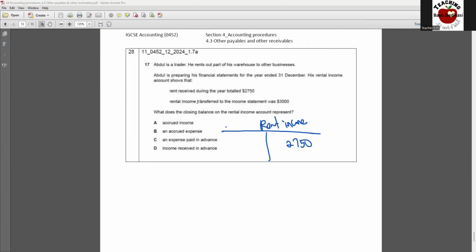And then rent income transferred to the income statement, that means this one in the debit side. This is the income statement of profit or loss. What is the closing balance? So take the bigger number minus the smaller number. That means you have balance c/d in the credit side. So this amount transferred to here becomes balance b/d, which is the current asset. So this is an accrued income.